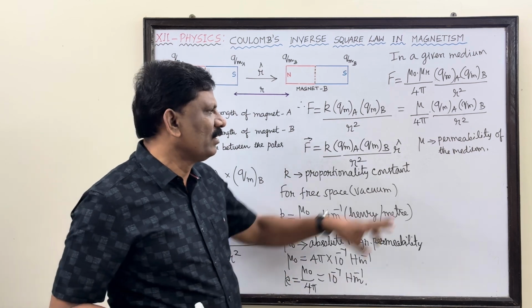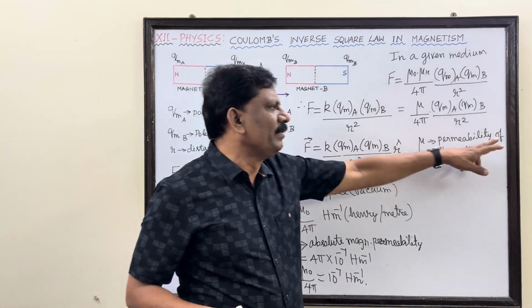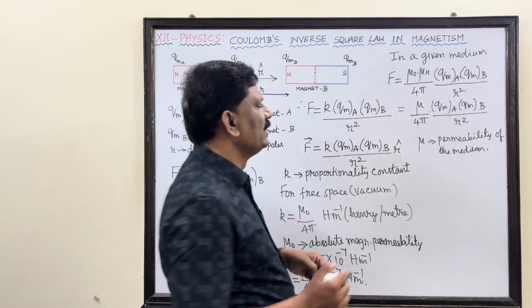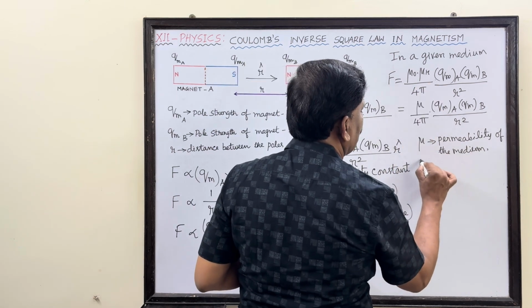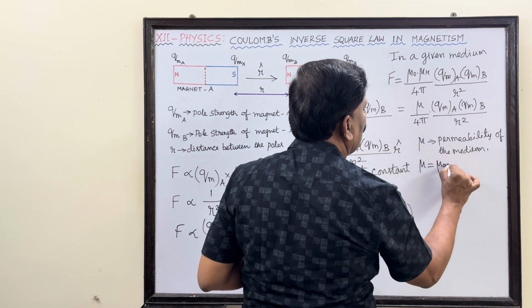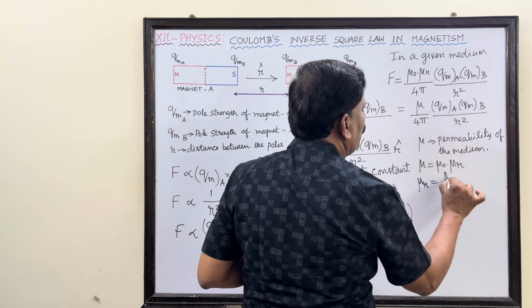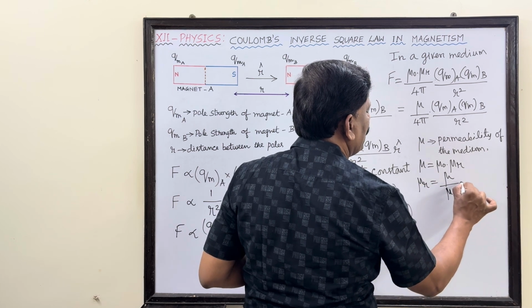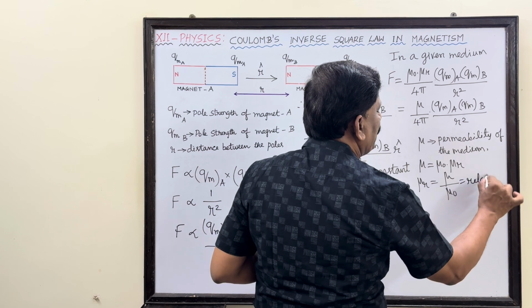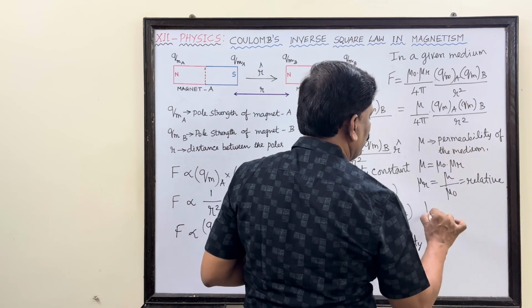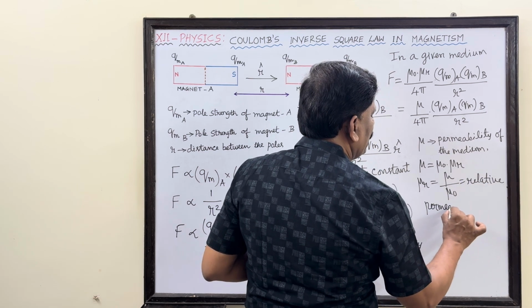Therefore, mu is the permeability of the given medium, and this is also equal to mu naught into mu r, where mu r is equal to mu divided by mu naught. So this is a relative term which is called relative permeability.